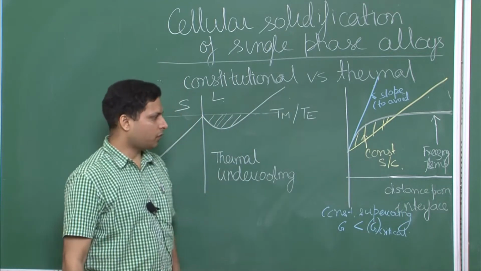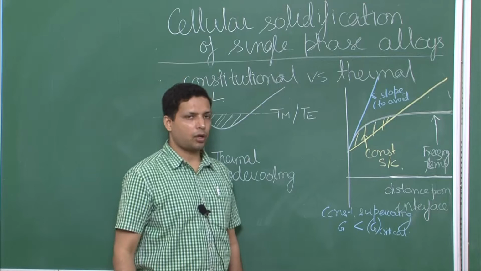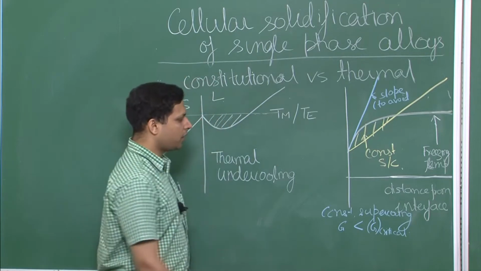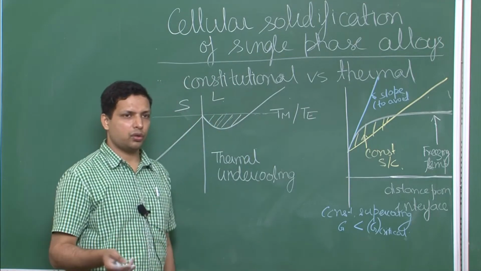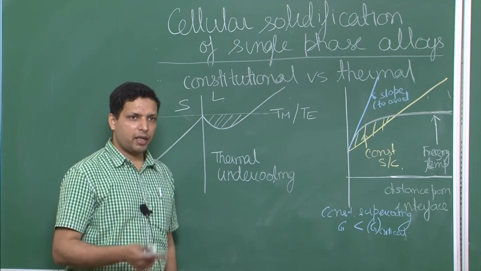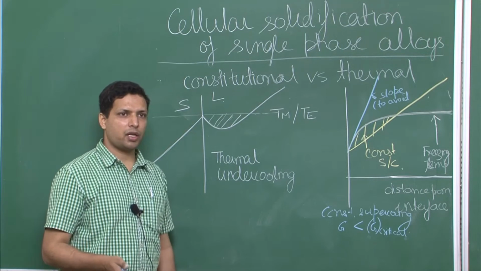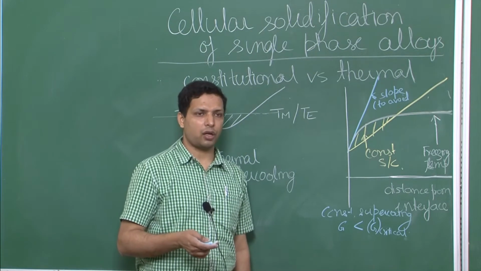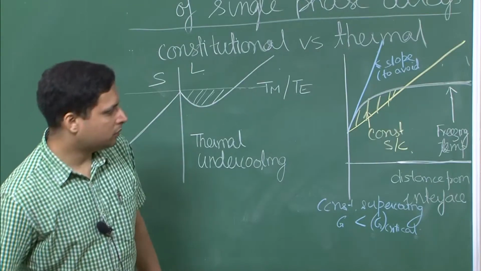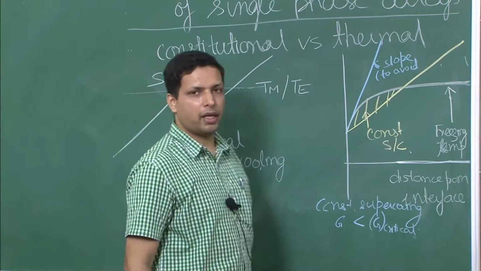So from this formulation it is clear that you need to find what this G critical value is, either to predict when cellular solidification will take place, or to avoid it when you want only planar solidification.